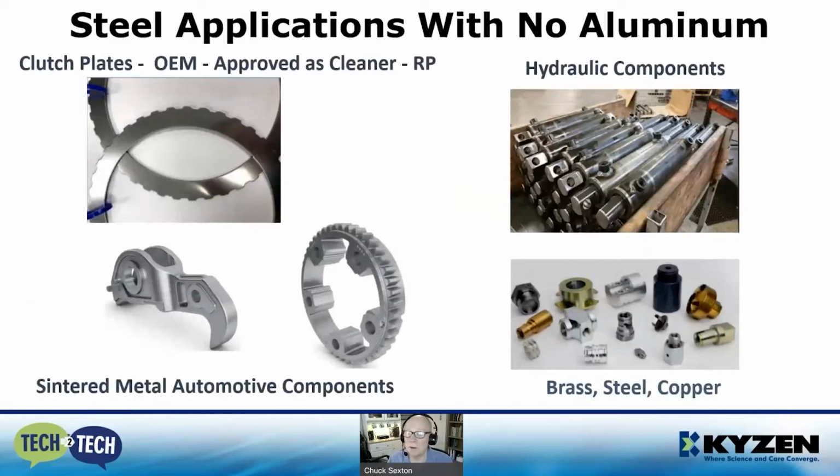A major OEM automotive manufacturer has this product, one of these Solution 1 products, approved as an RP. I'm showing the bottom left picture because these types of products have really found a home in sintered metal or powdered metal parts. And these types of metals are an exceptional, not problem, but challenge for corrosion protection.